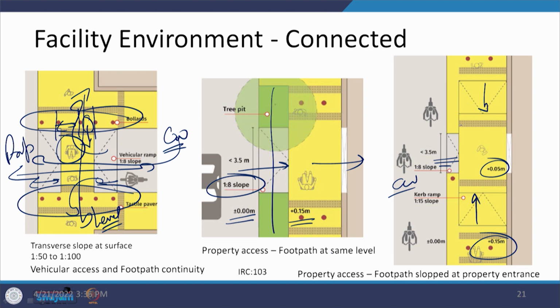And here very clearly, as you can see, the tiles are being provided for the differently abled people. This connectivity towards the property is there, and then the multiple levels of tiles are there along with the bollards, just to specify what type of movement is going to be there.